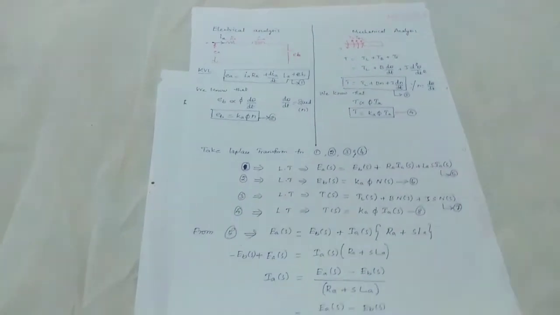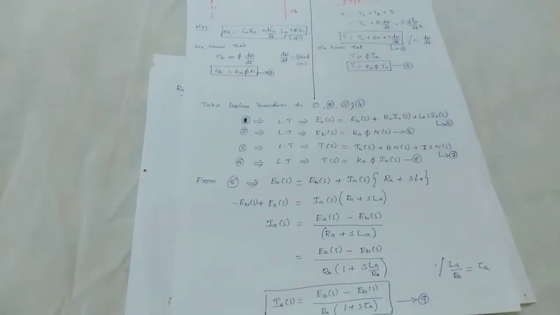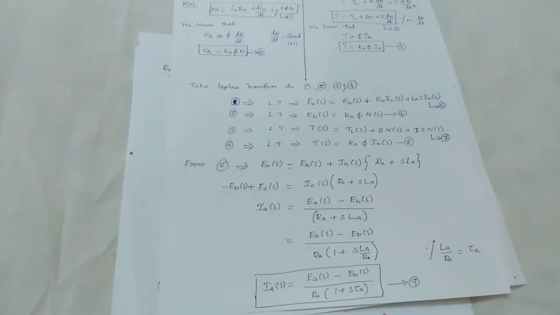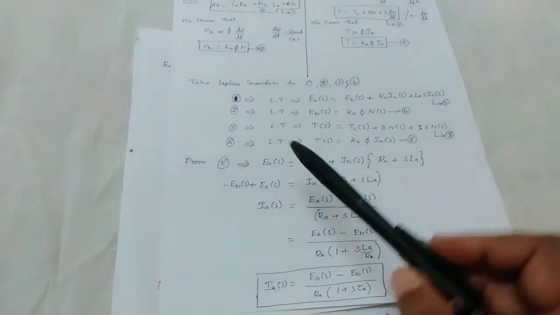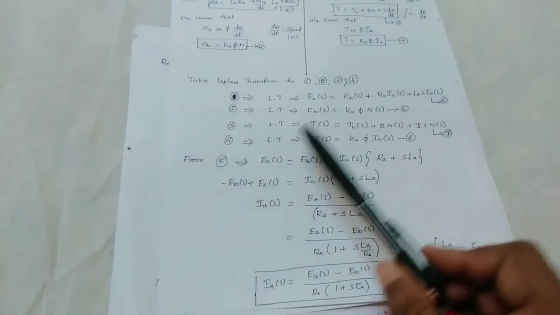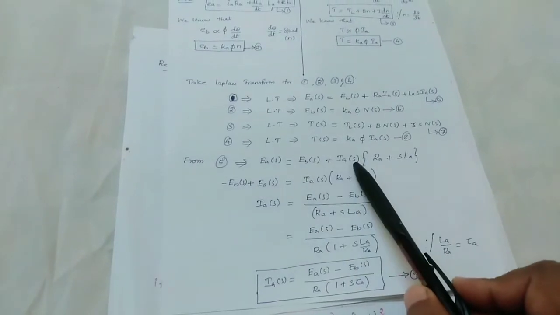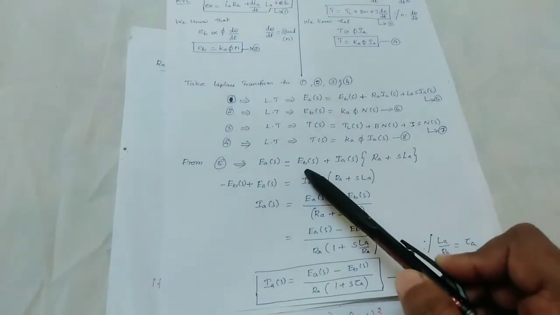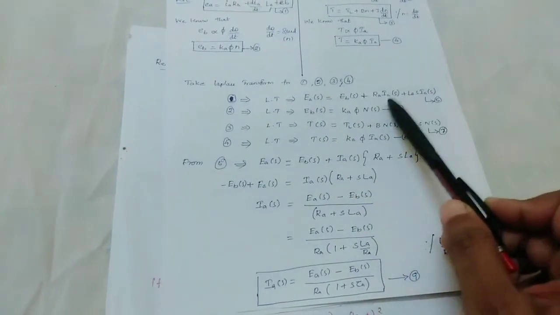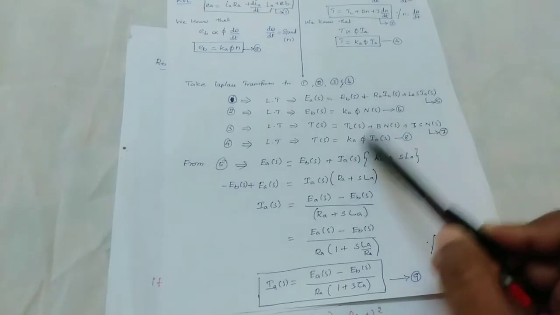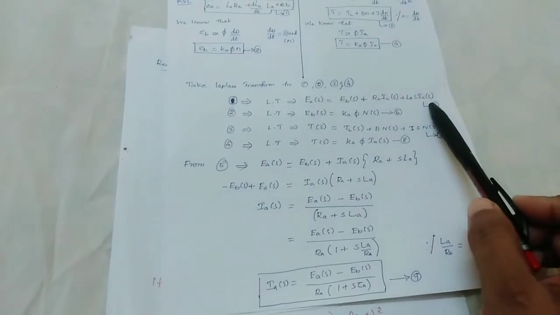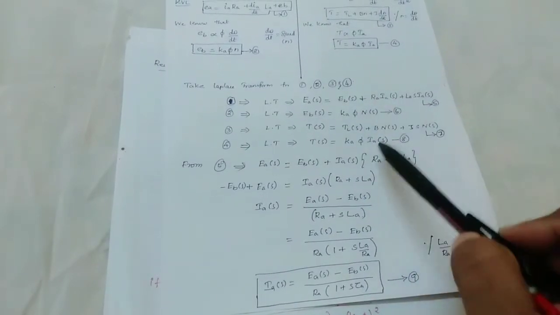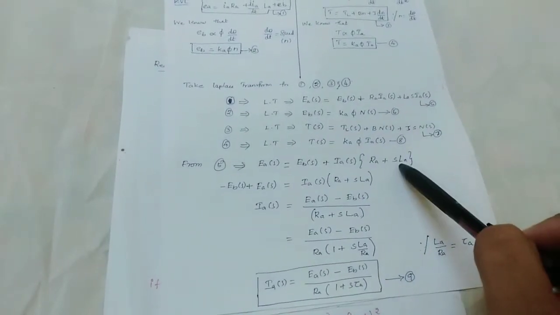So we take the equations one by one for further simplification. First, equation number 5. The fifth equation is rewritten here: Ea of S is equal to Eb of S plus, in these two terms, Ia of S is common, so we take Ia of S out, then the remaining term is Ra plus S La.